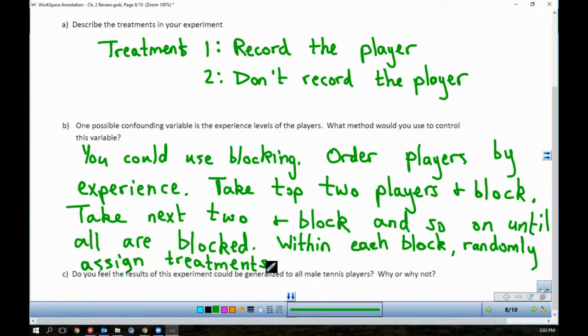So when we randomly assign treatments, that means one is recorded, the other is not. And that way, experience isn't a factor, because in each block you're going to be recording one of them. So you're going to cover all experience levels.